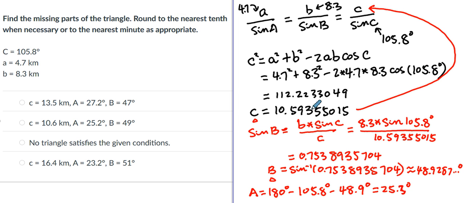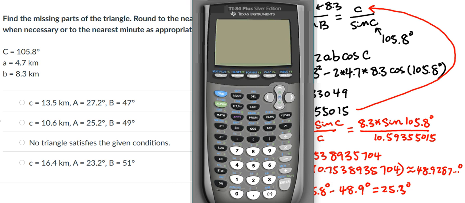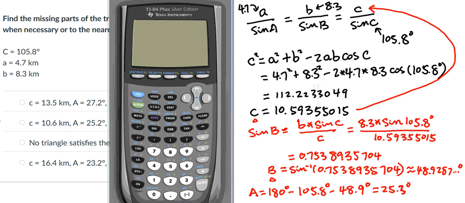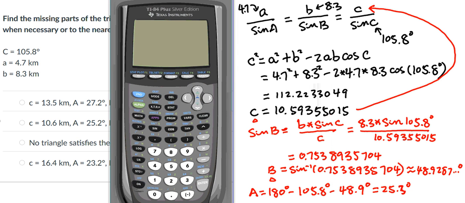Now we plug in those values into our calculator. This is the answer we got. And then we take the square root, and we shall have the answer right here. If you have the calculator, let's work on that.